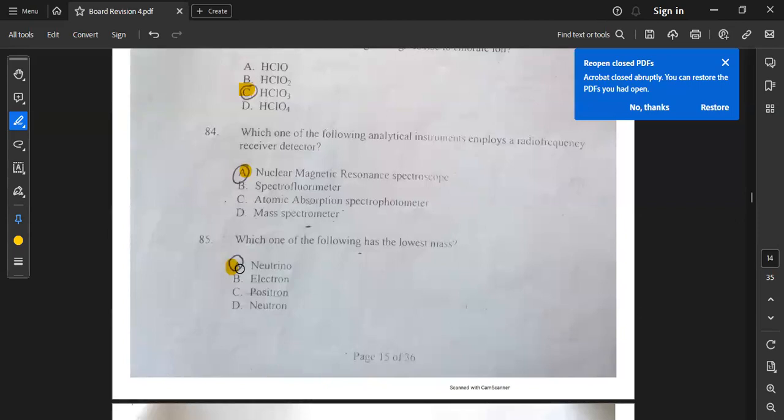Moving on to number 86. Somebody has a question on the chat box, asking if the spectrofluorimeter is the one comprising a fluorescent lamp. If anyone knows.